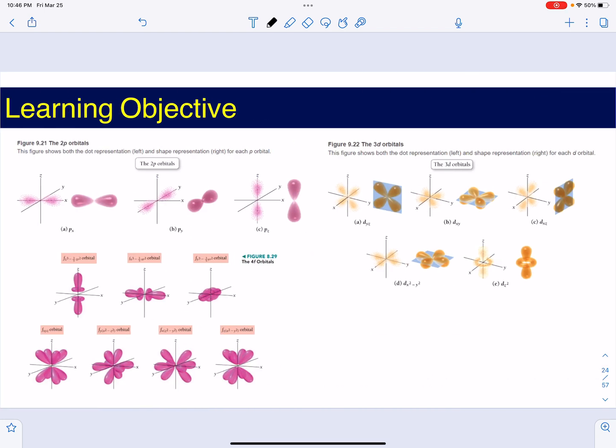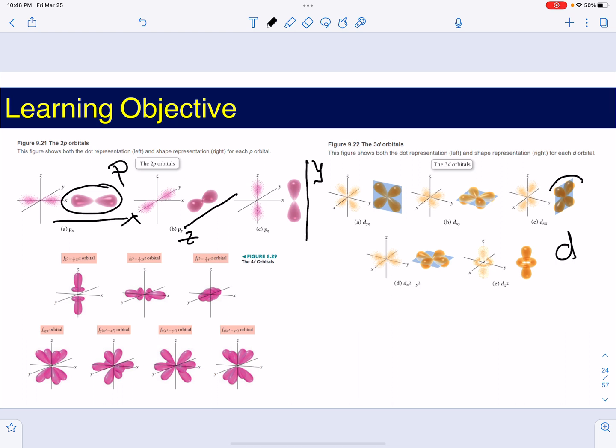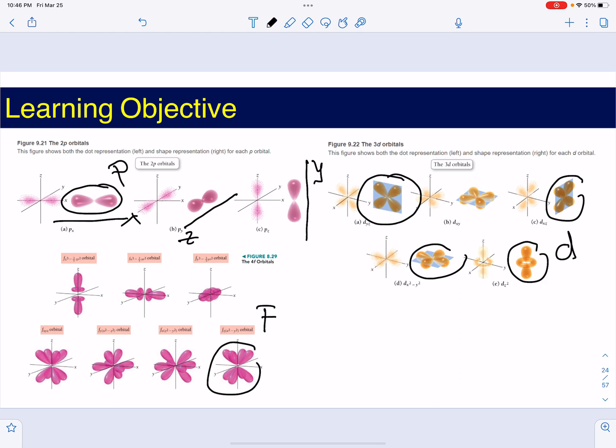But we're also going to see something like this. We're going to call these the p orbitals, and it could be on the x-axis, the z-axis, or the y-axis, because we're covering a 3D space. Then you can have the d orbitals, which are a little more complicated. And then you're going to have the f orbitals, which are crazy.